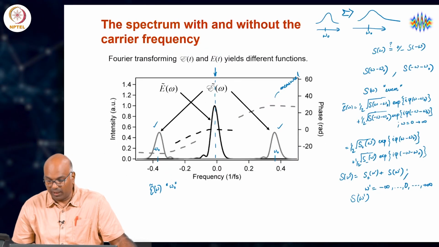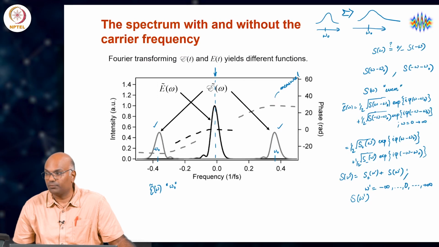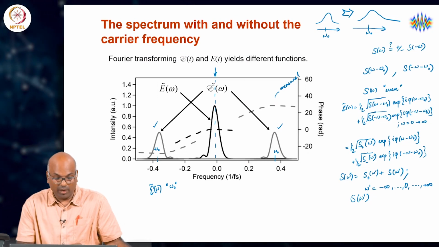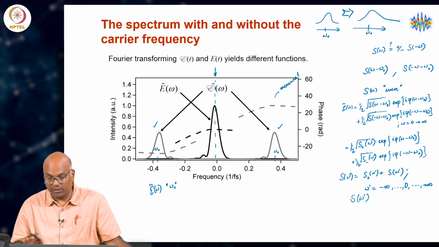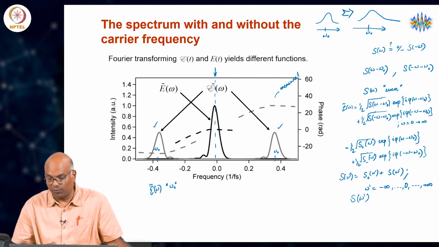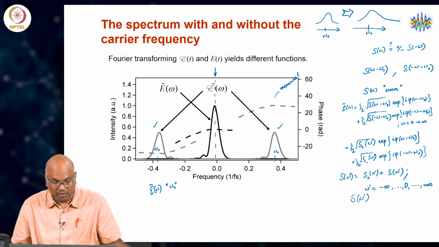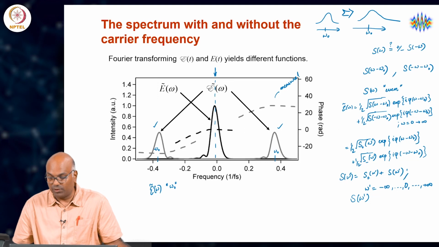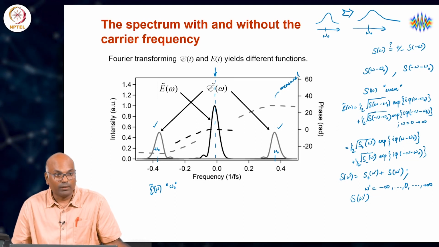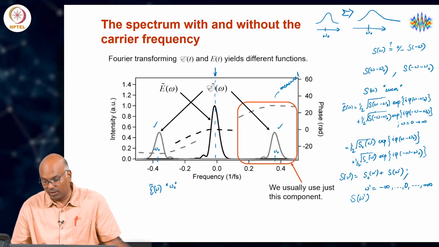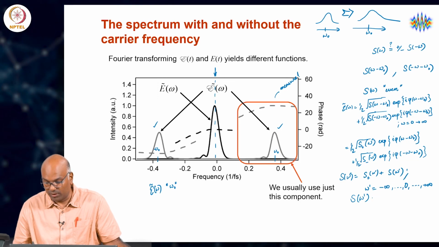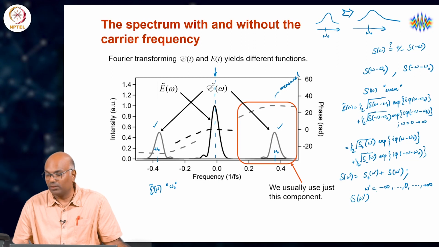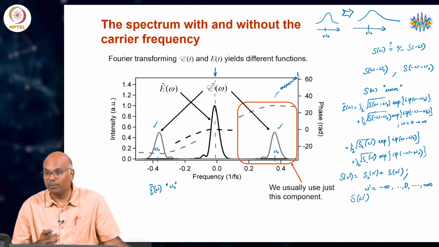S of omega prime, the way we have defined it here. If you inverse Fourier transform this, you have negative frequencies, and we should check this out more carefully, but by no means are we going to say that E of t is going to have a symmetric envelope about t equal to 0.